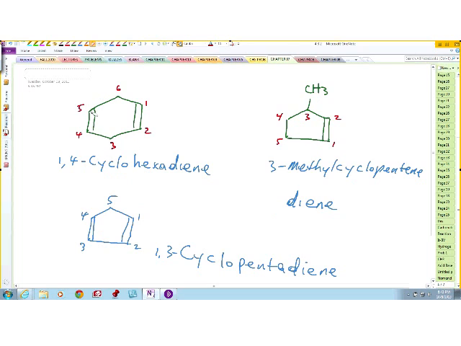No, you can't do that, because you have to include the double bond. You have to go through the double bond. Okay. Right. I got you.